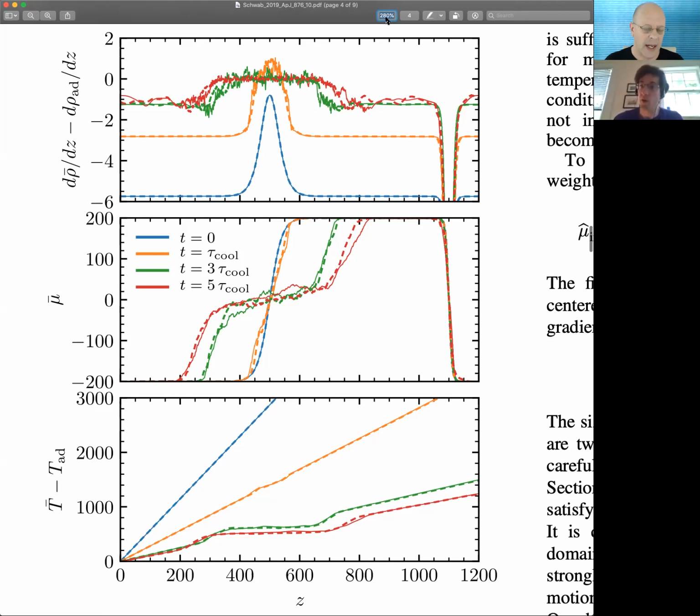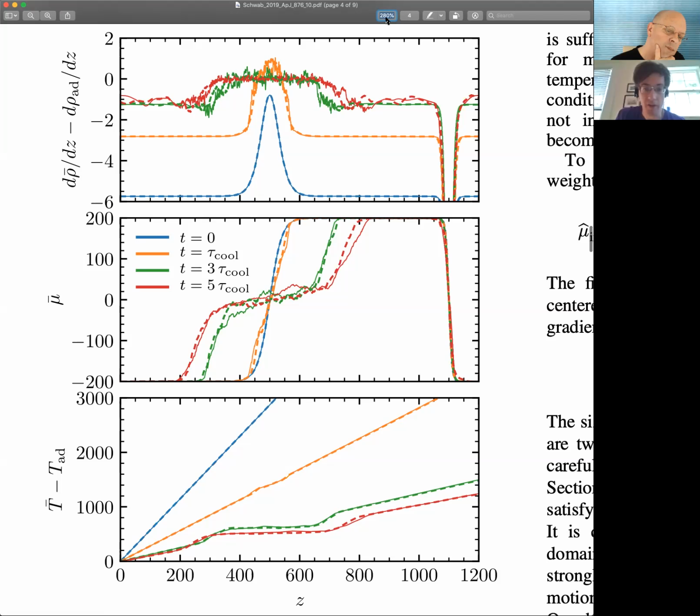Got it. So the temperature gradient is not self-consistently calculated from, say, something like a neutrino cooling rate. We're just saying, okay, we're going to put in a cooling rate on a characteristic time scale. And then really the question we want to understand is, is that also the time scale that mixing occurs?